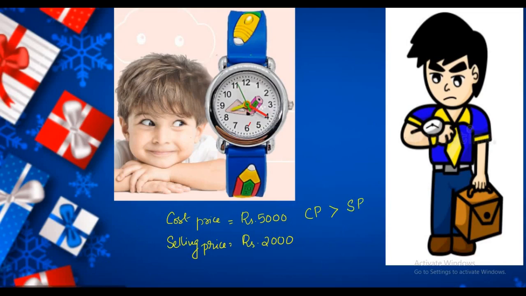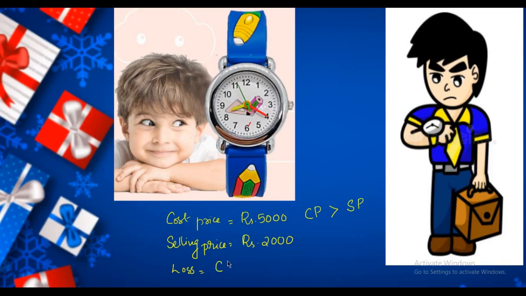And what happened to Rahul actually? Rahul had a loss, right? He had a loss of 3,000 rupees. How did I get that 3,000 rupees? The loss we can find by subtracting selling price from the cost price.